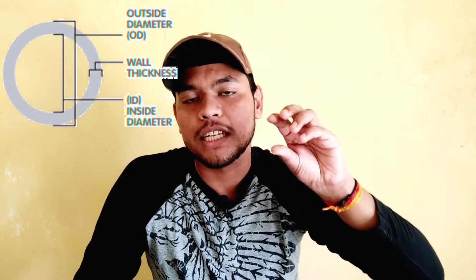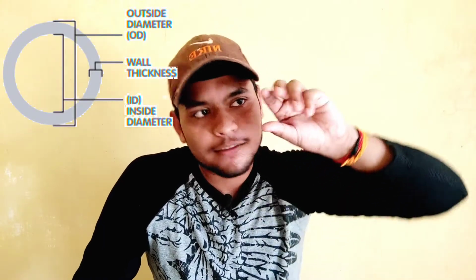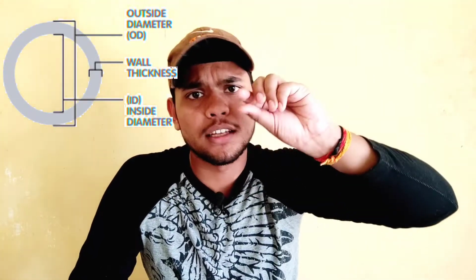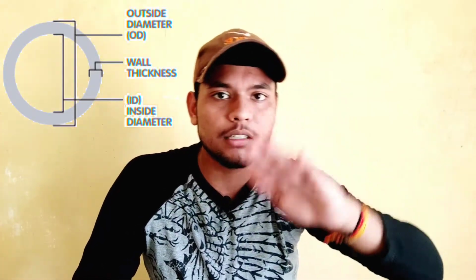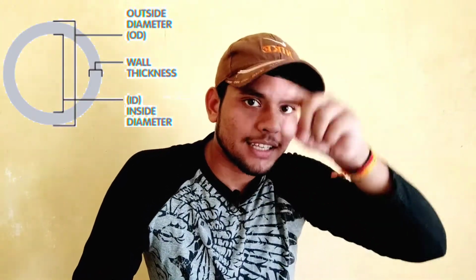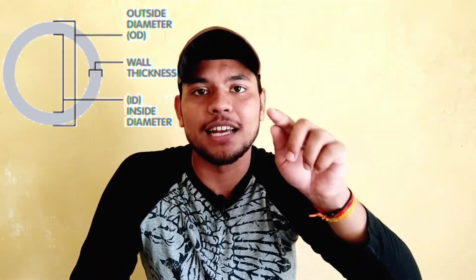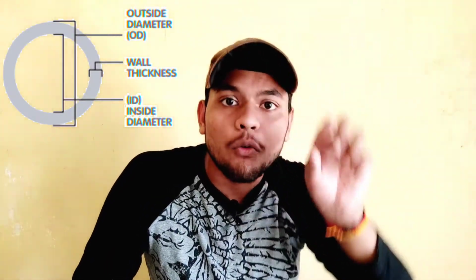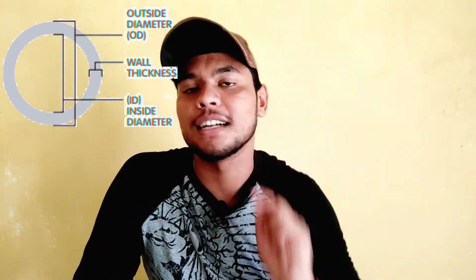Now the question is, what is outside diameter? If you have seen any pipe, it has a layer of wall, and outside the wall there is a diameter and inside the wall there is a diameter. The outside diameter is the outside diameter of the wall and the inside diameter is the inside diameter of the wall.